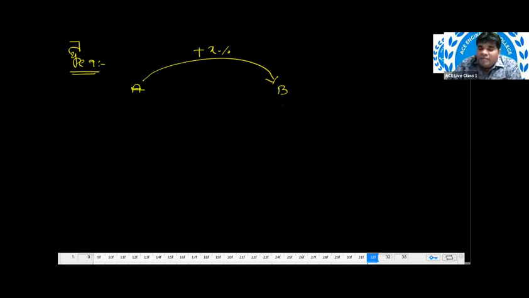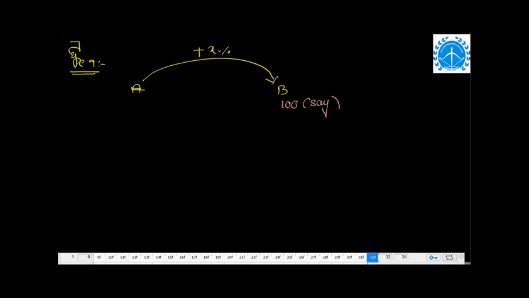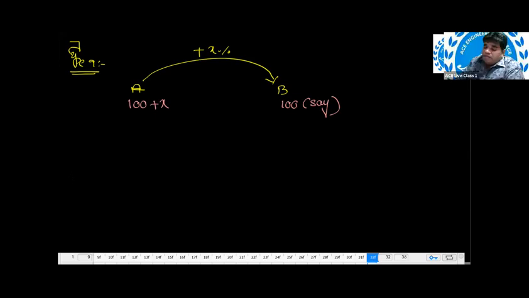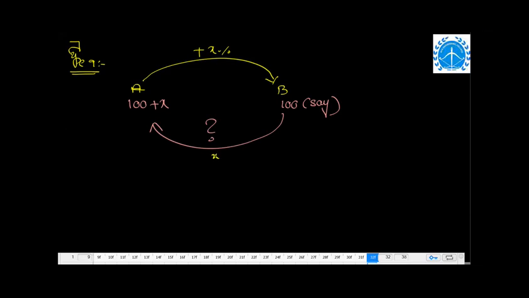We don't know B, so you can immediately take B as 100. So the A value is 100 plus X. A is X percentage more than B. How much percentage is B less than A? So now B is how much less compared with A?